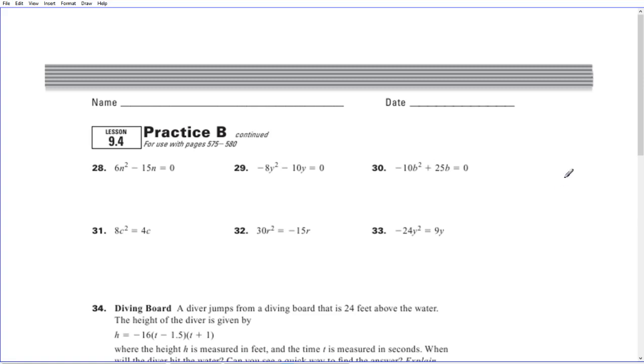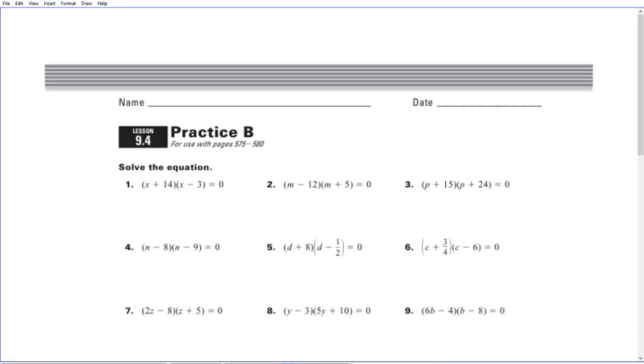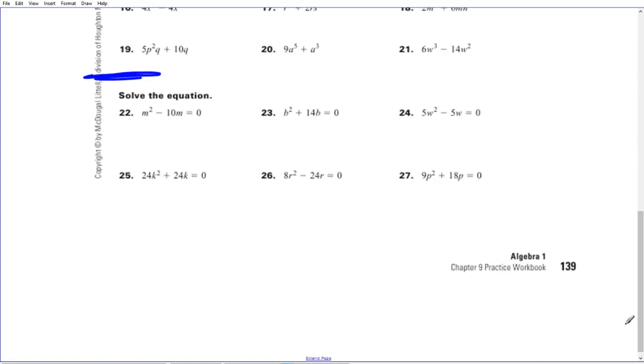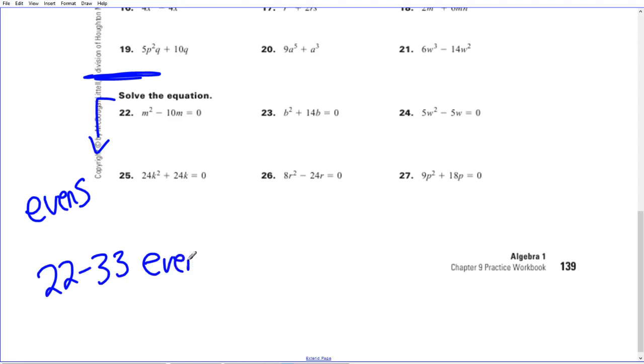Here's what I want you to do. I would like you to work on up to number 33, do the evens from 22 up to 33. So 22 through 33 evens.